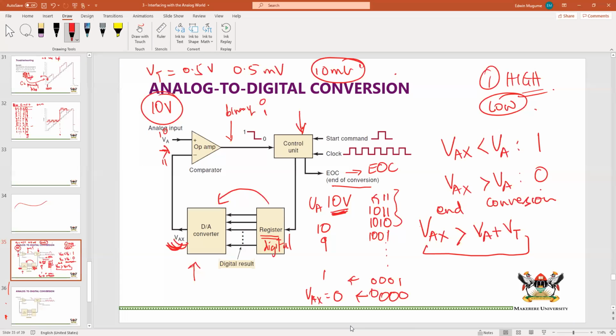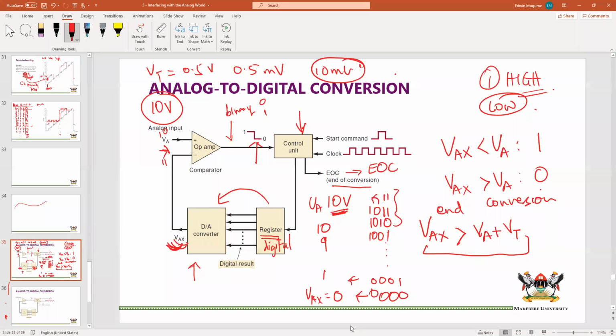But this is essentially what the conversion is: we start from a very small digital number and we keep increasing it until we find a point where our digital number is slightly greater than the analog input. At that point, we stop conversion.